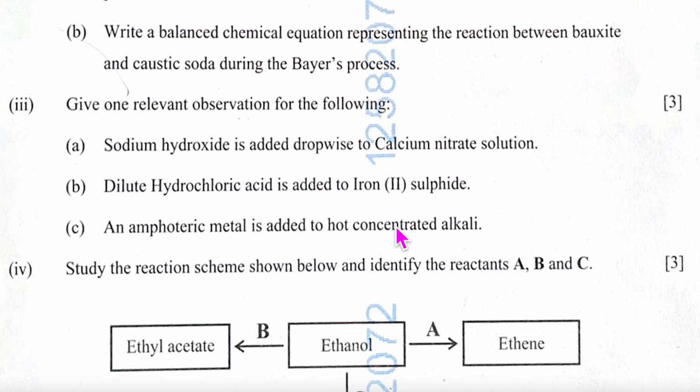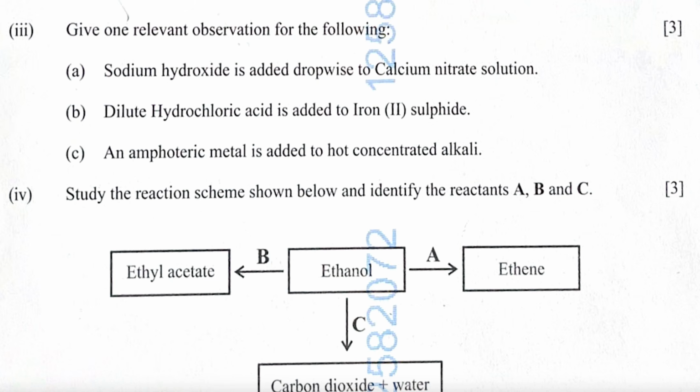We come to give one relevant observation for the following. Sodium hydroxide is added dropwise to calcium nitrate solution. If it is sodium hydroxide, it will give me calcium hydroxide, and calcium hydroxide will be a milky white precipitate.